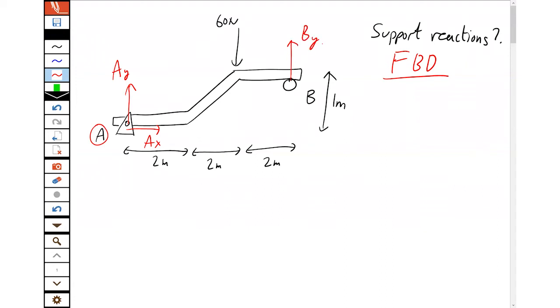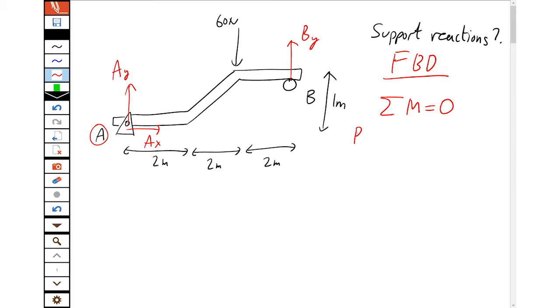And you notice there's no moment reactions at a pin or a roller, because a pin or a roller will allow things to rotate. The rule for any support reaction is if it prevents moving that way, there's a force reaction that way. If it prevents rotation, there's a moment reaction. So we've done the free body diagram. The second step is the sum of all the moments is 0.